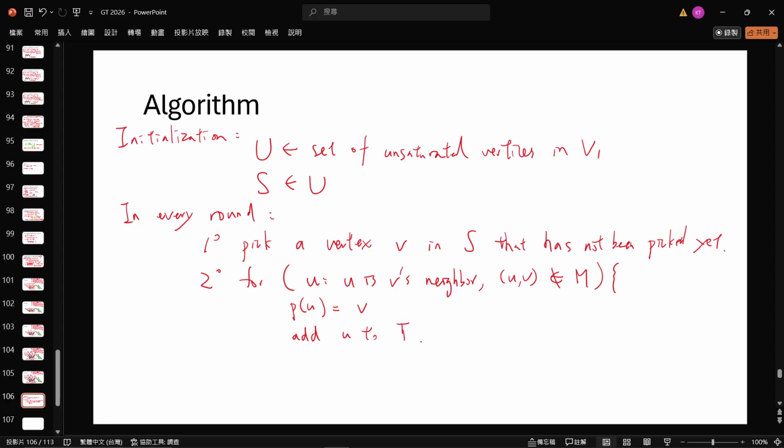If you only want to output the augmenting path, you don't need this T. This T is really for the proof that we're going to use in the future, but I'm going to leave it in the algorithm.